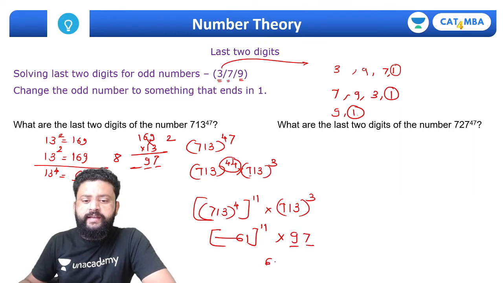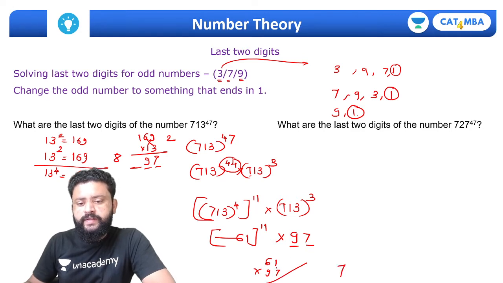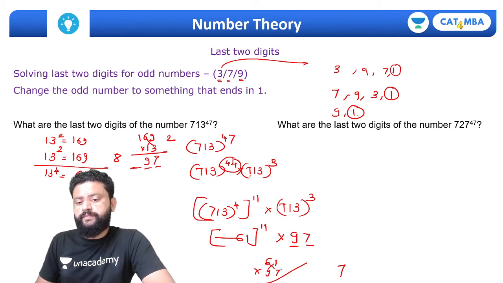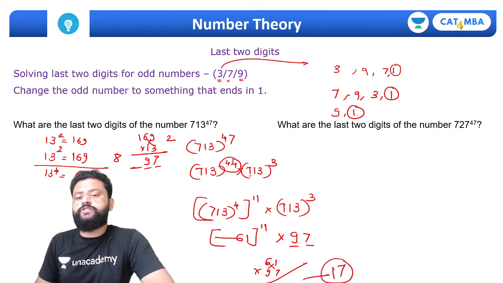And finally you can get 61 into 97's last two digits will be 7 and 7 6s are 42 and 9, 51. So last digit for this calculation will be 7.